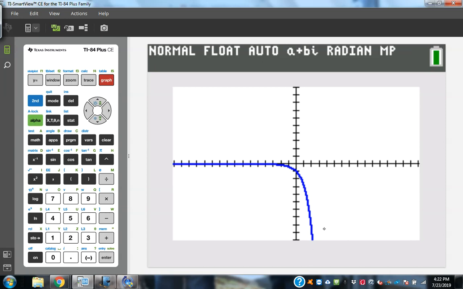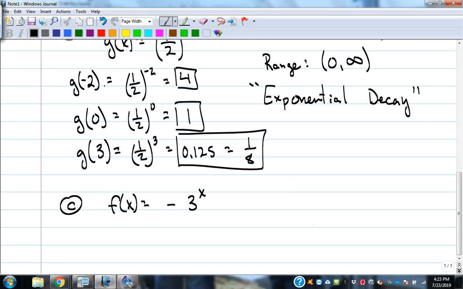But this one goes down. Instead of going up and to the right, it's going down and to the right. Technically, it is exponential decay because it's getting less and less as x grows, but it's a reflection across the x-axis that's going on there.